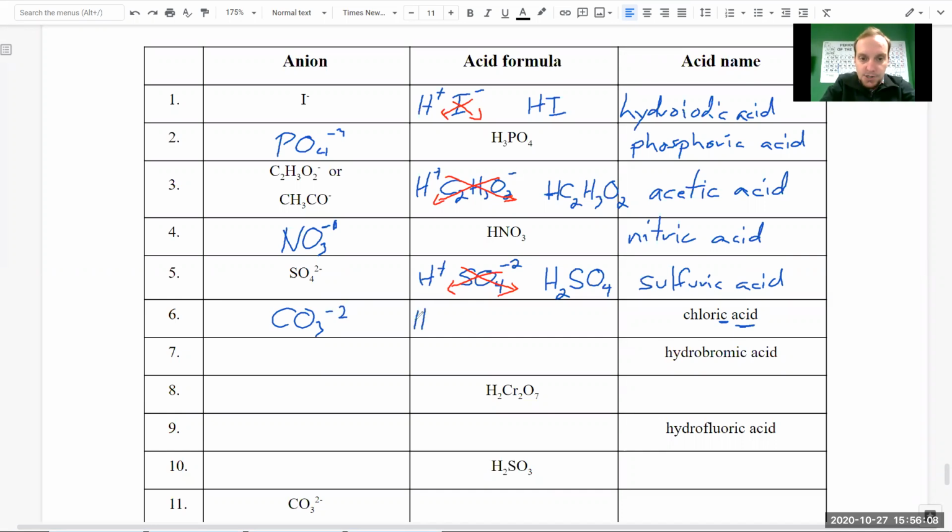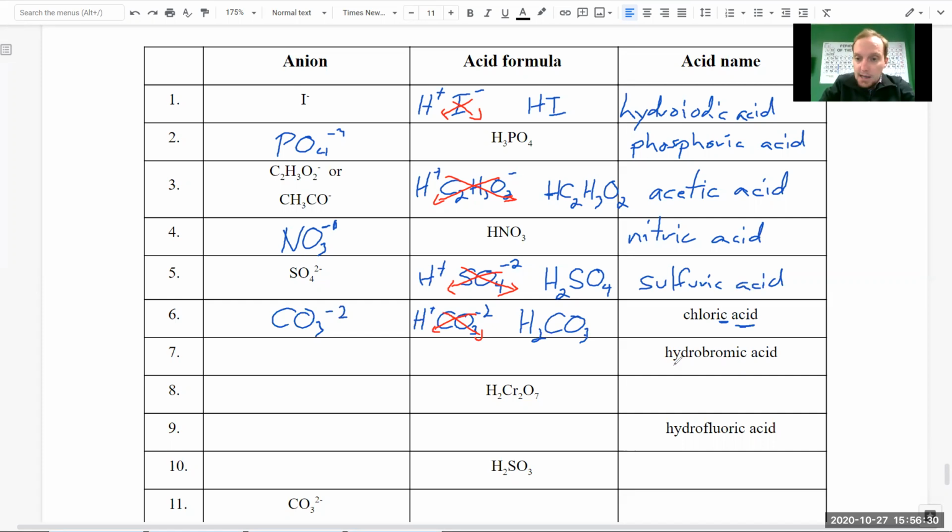So again, H with a +1 charge, CO3 with a -2 charge. I'm going to go ahead and cross this down there, that down there. What I end up with is H2CO3, parentheses 1. But again, I don't need to write the 1 because it is assumed. That is chloric acid.